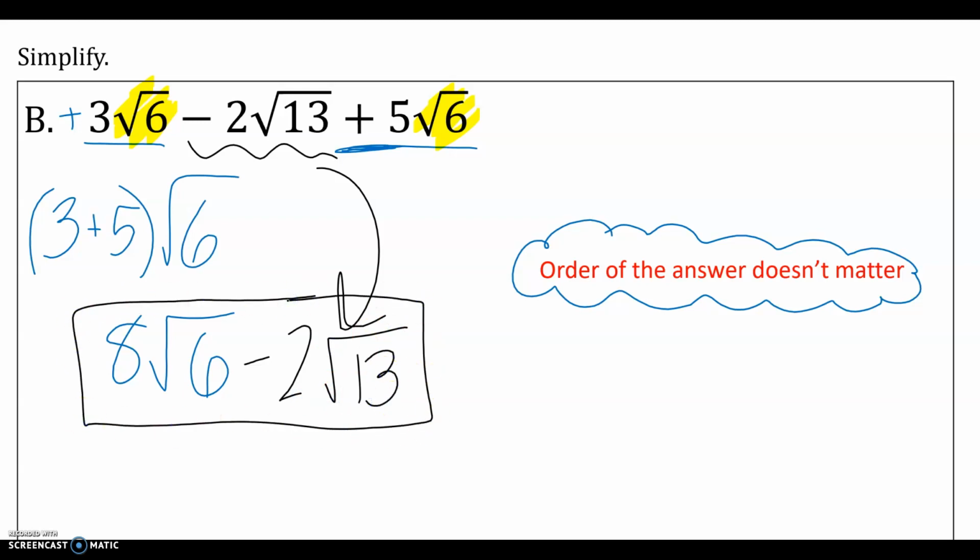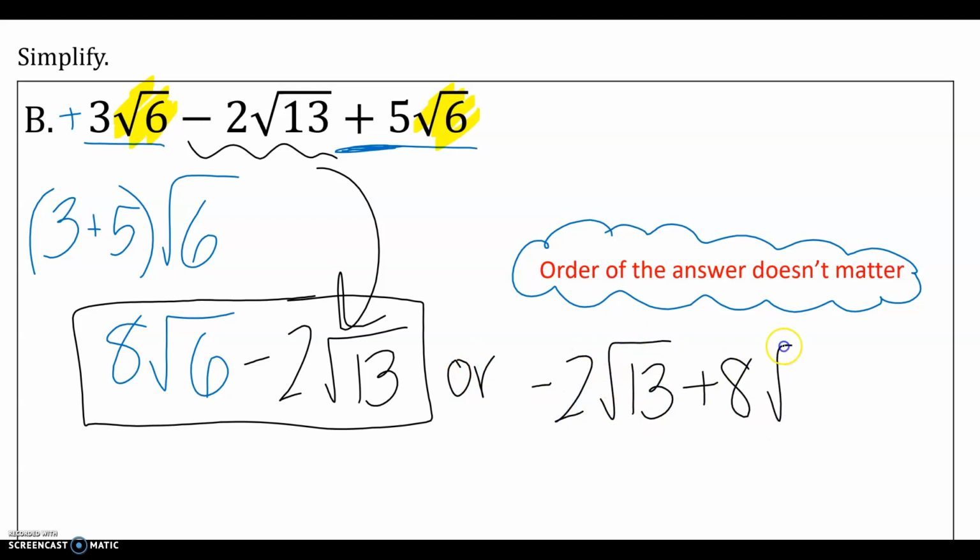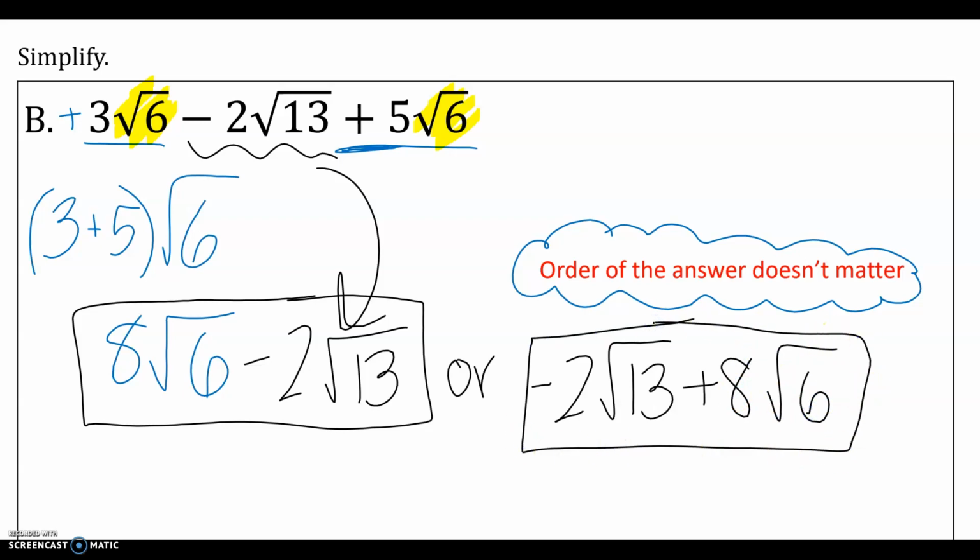Like I said, you could have the other way around and have negative 2 radical 13 plus 8 radical 6. So order does not matter. And again, for this problem, you would really have to show me no work because it's all mental math.